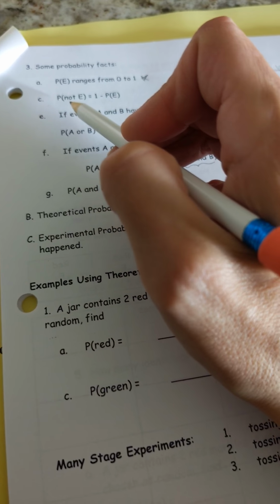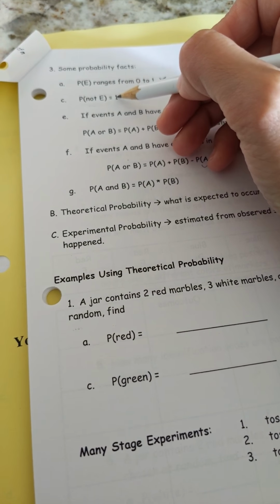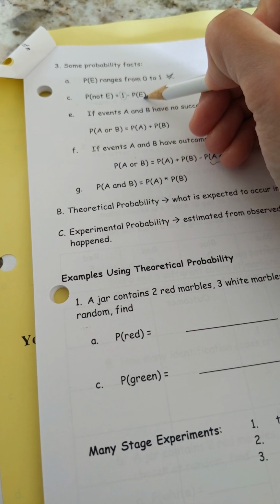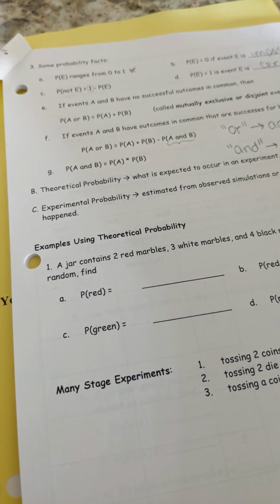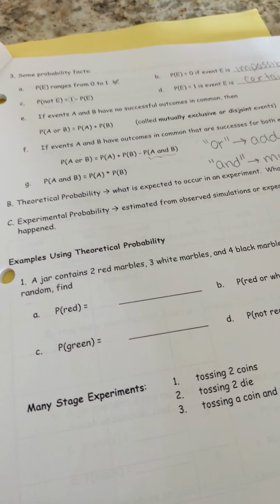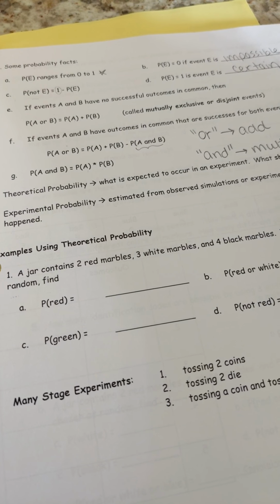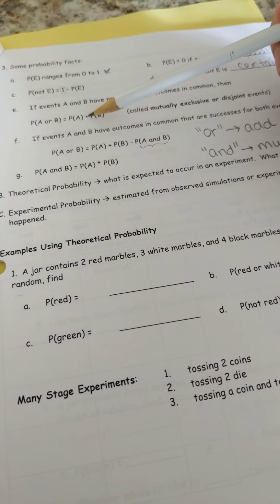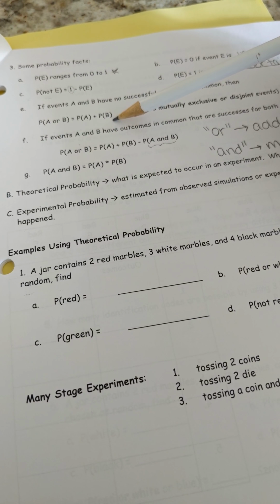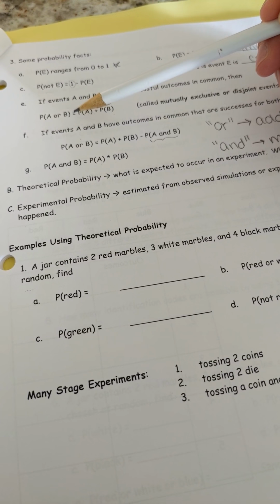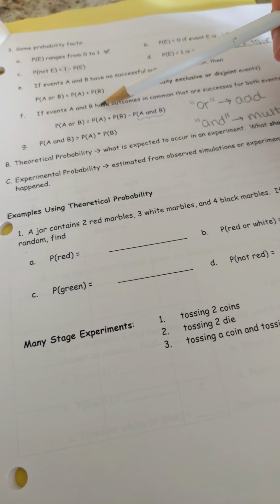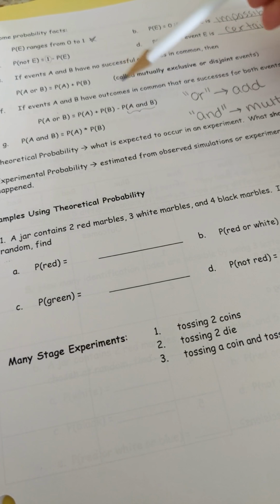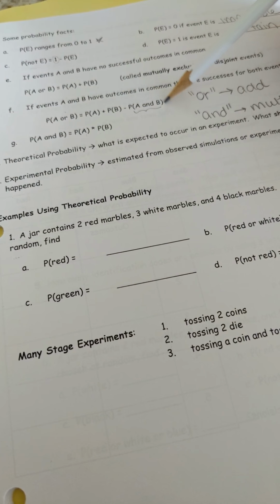If we're looking for the probability of not E, that's found by taking the whole and subtracting the probability of the event E occurring. Okay. All right, last bit here. If events A and B have no successful outcomes in common, we use the word or, A or B. So the probability of A plus the probability of B will give you the probability of A or B. Okay, but if they do have successes in common, or outcomes in common, then you need to make sure you subtract that overlap.